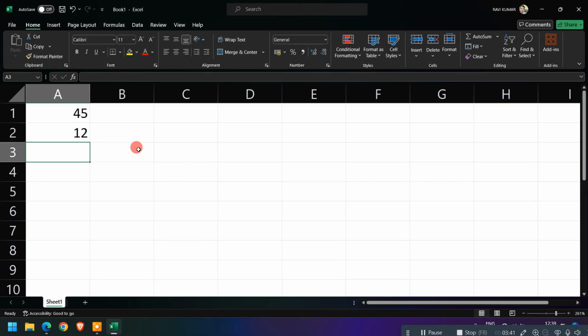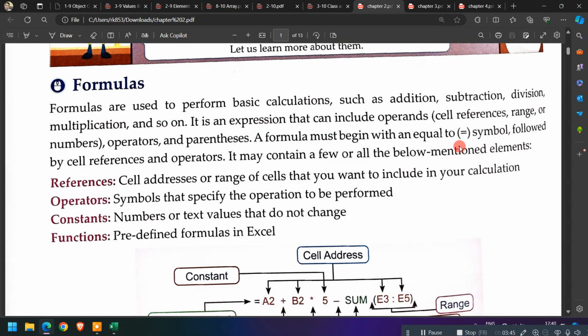See, it performed. So if you want to apply any formula, function or expression, then you need to put the equal symbol followed by the cell reference and operators. The operators are nothing except the mathematical operators like plus, minus, divide, mod.